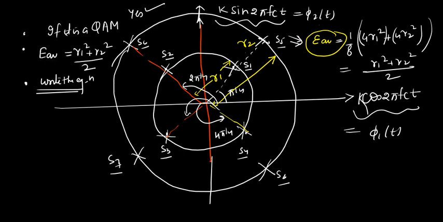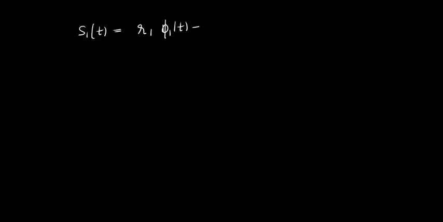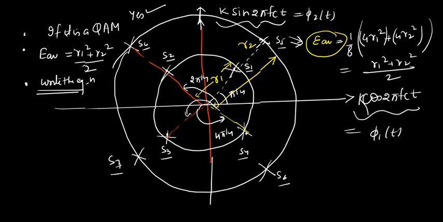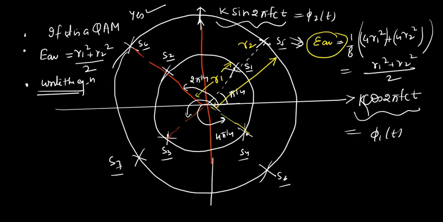Very good. So, S1(t) will be R1 phi 1(t), sorry, R1 into cos pi by 4. The projection, you have to find out for this constellation, what is the amount of phi 1(t)? R1 cos pi by 4, yes or no?